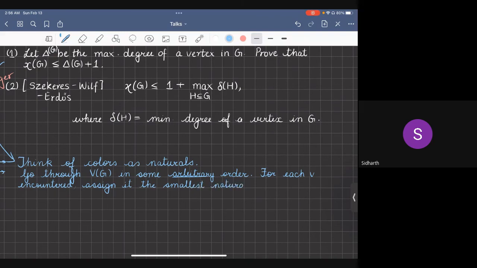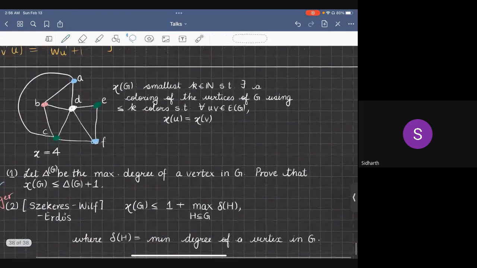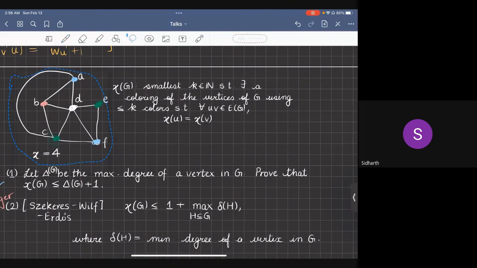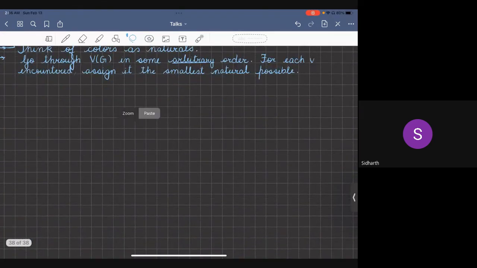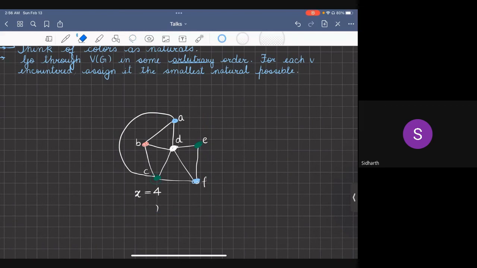So basically what I'm saying is, let's look at this graph itself. Let's remove the colorings and just think of colors as naturals, and add that edge back.